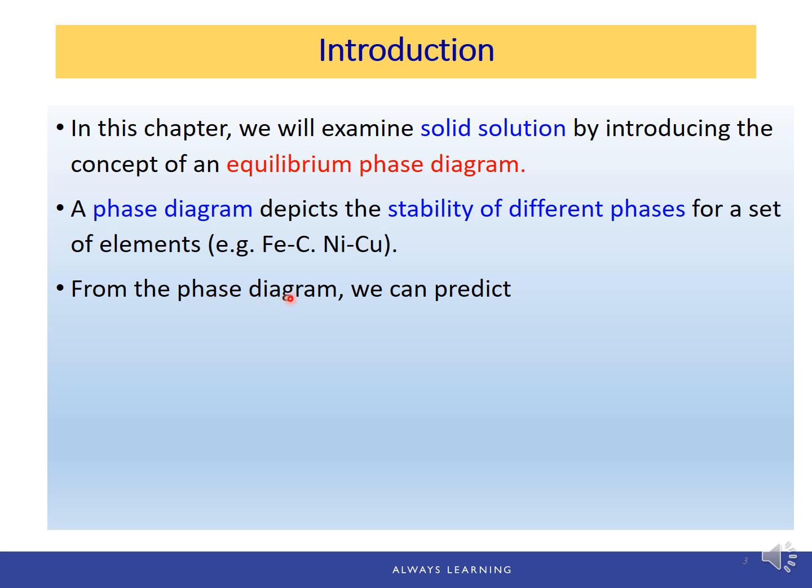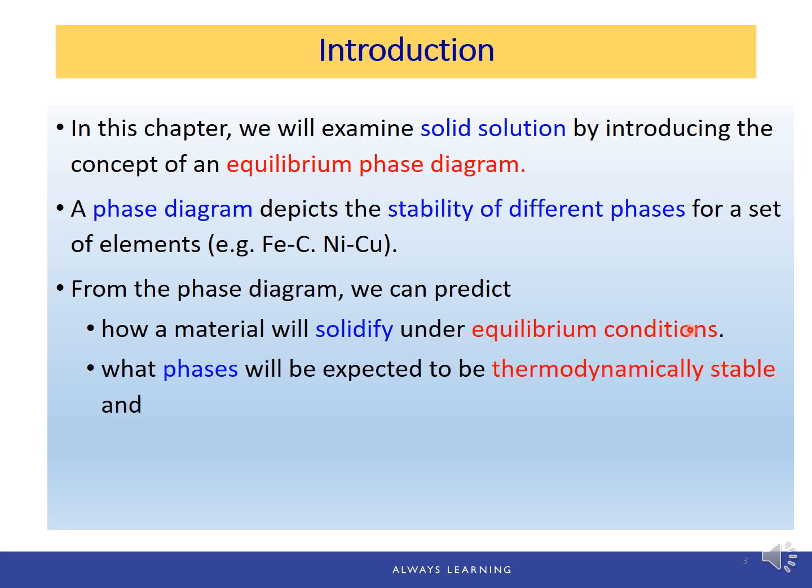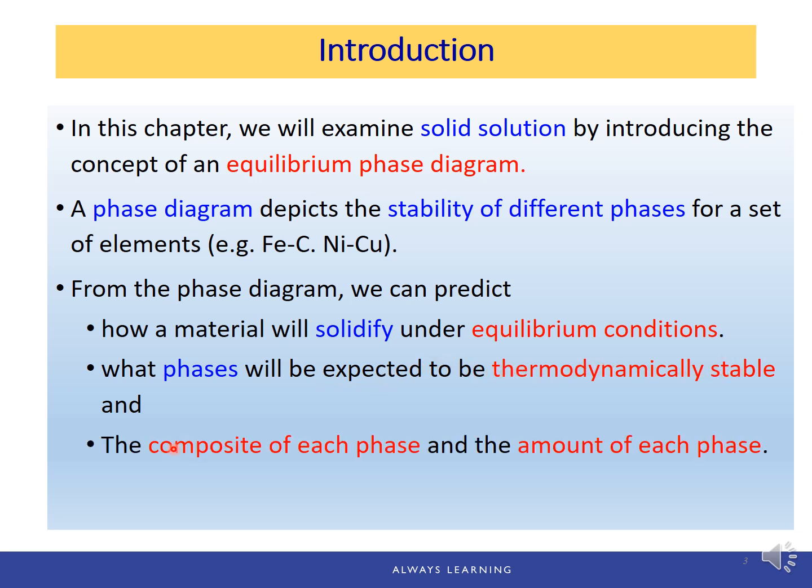From the phase diagram, we can predict how the material will solidify under equilibrium conditions, what phases will be expected to be thermodynamically stable, and the composition and amount of each phase.